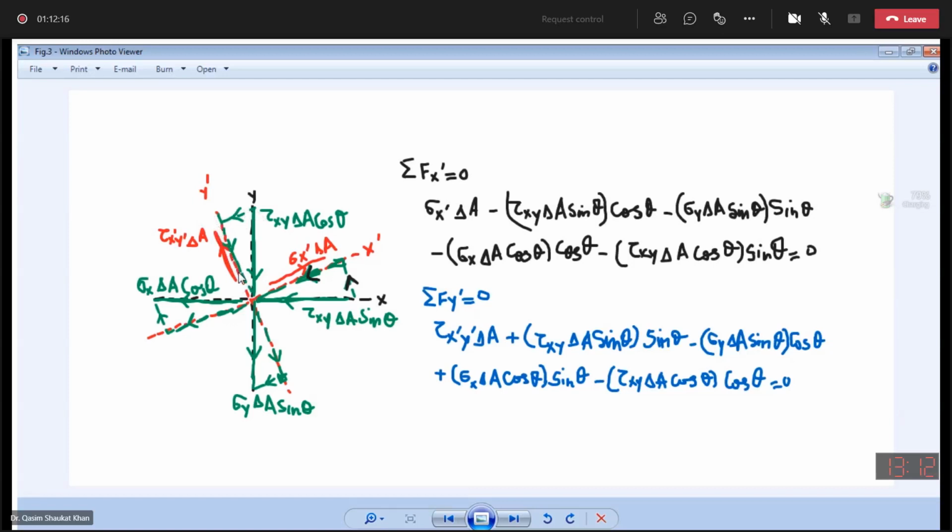So this is the base, so it will be tau xy delta a cos theta into cos theta, and it is pointing downwards, so it will be negative: minus tau xy delta a cos theta into cos theta. Everyone got this, summation of forces about the x dash axis and summation of forces about the y dash axis equals 0?